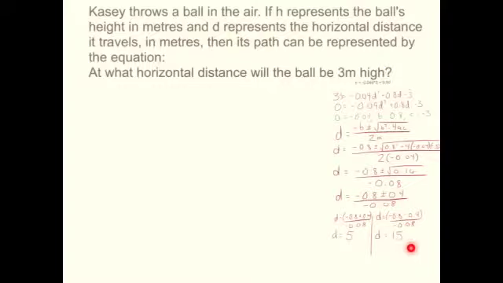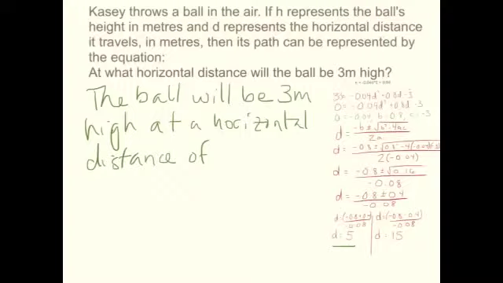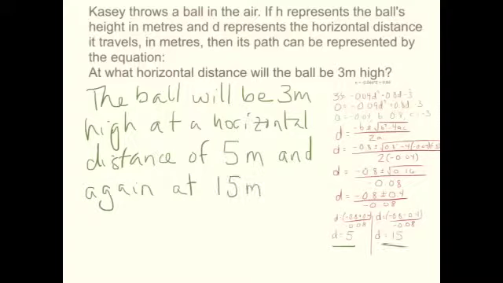So for a nice sentence here, we'll have the ball will be 3 meters high at a horizontal distance of 5 meters, and again at 15 meters. That's my second answer.